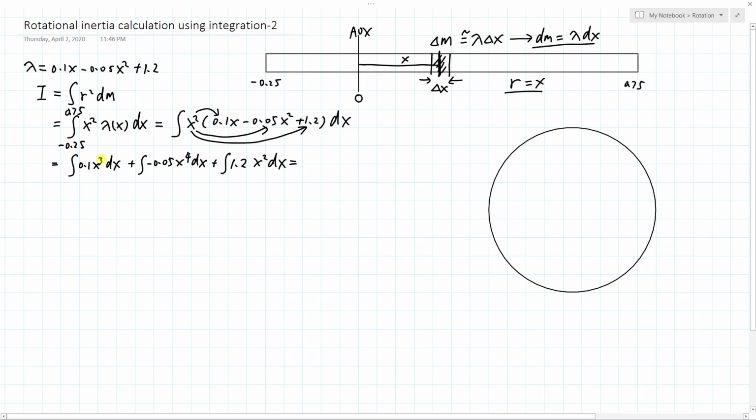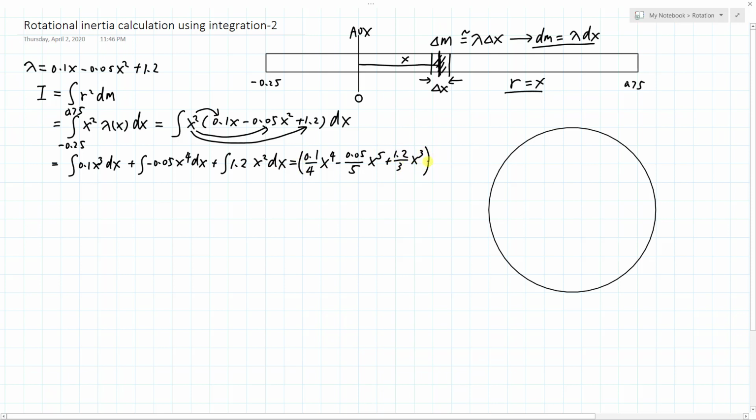So that becomes 0.1 over 4 x to the fourth power. And here's the negative 0.05. Now the fourth power integrates into the fifth power, x to the fifth power, and then plus 1.2 with the second power going into the third power, x to the third power.